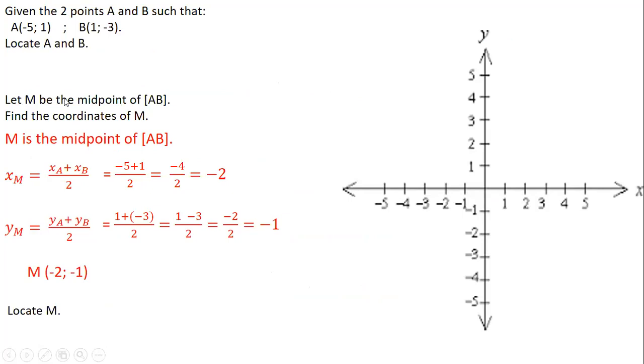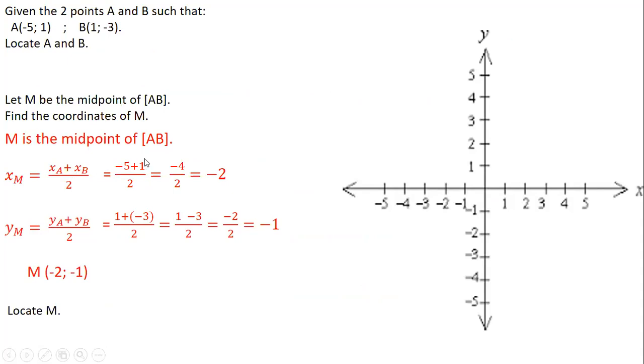Always, whenever I'm finding the coordinates of a midpoint of a segment, I should write in the same way. I should say, for example, M is the midpoint of segment AB. So I can write XM, which is the abscissa of M, is equal to XA plus XB, so the abscissa of the first point plus the abscissa of the second point divided by 2.